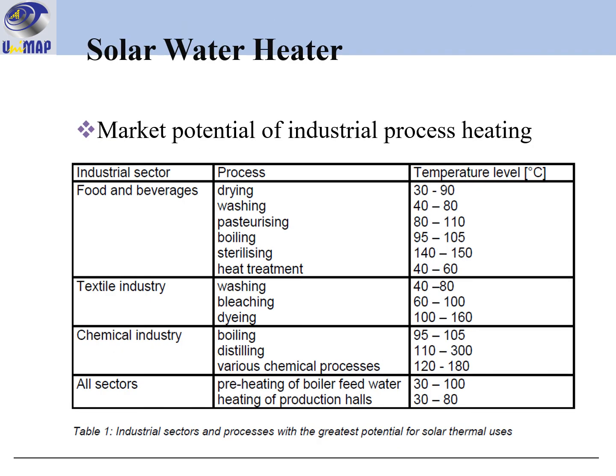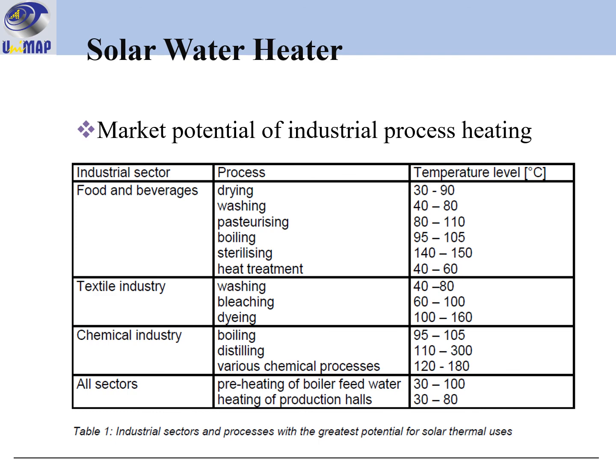Okay, this table will highlight the potential of industrial process heating. So it highlights all the processes that require heating in this sector. The first one is the food and beverages sector. We can see that many processes require a heating element.